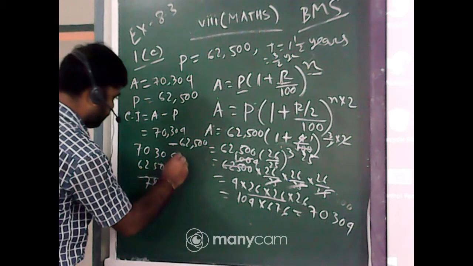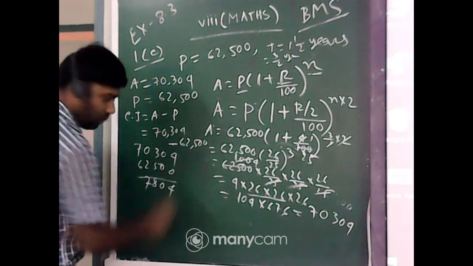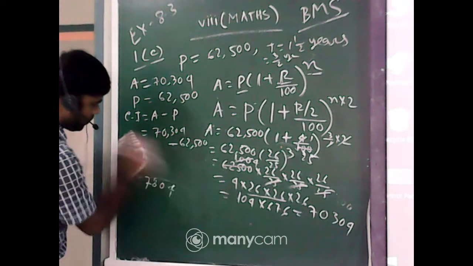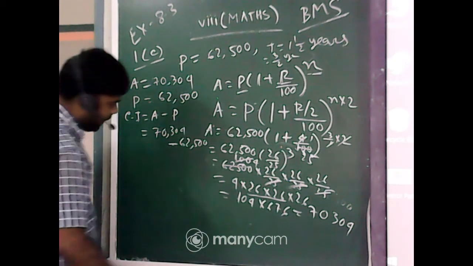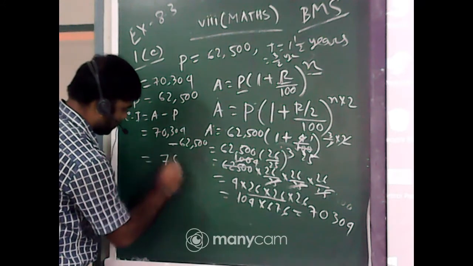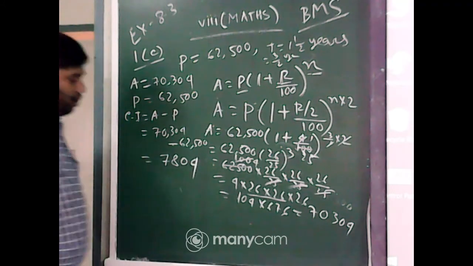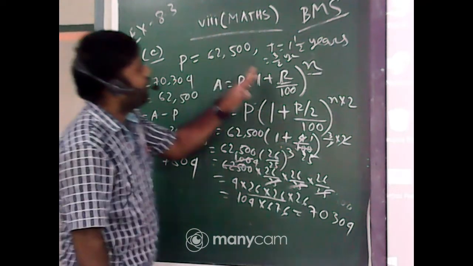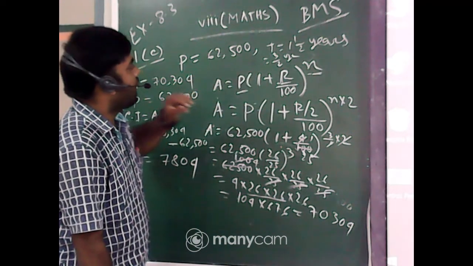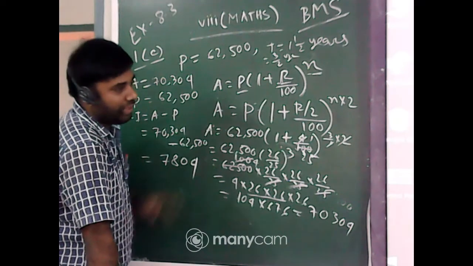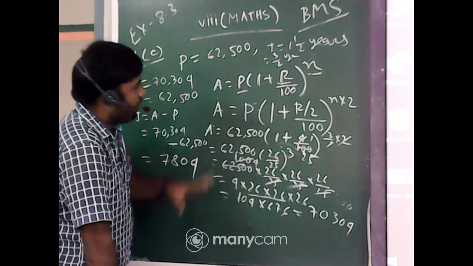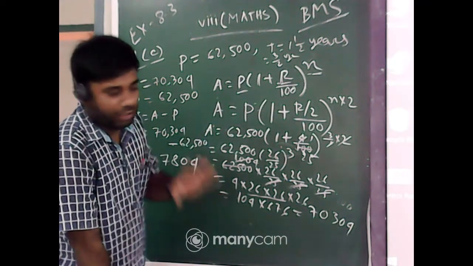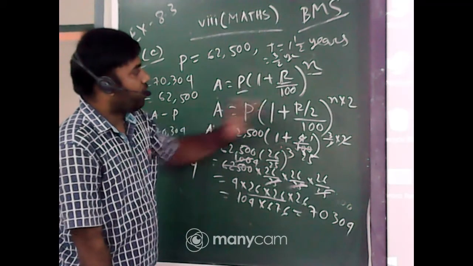So that is 7,804, that is the CI. So for 62,500, time equal to 3 by 2 years and rate of interest 8%, if it is given half yearly calculation, you have to make R by 2 and n into 2.